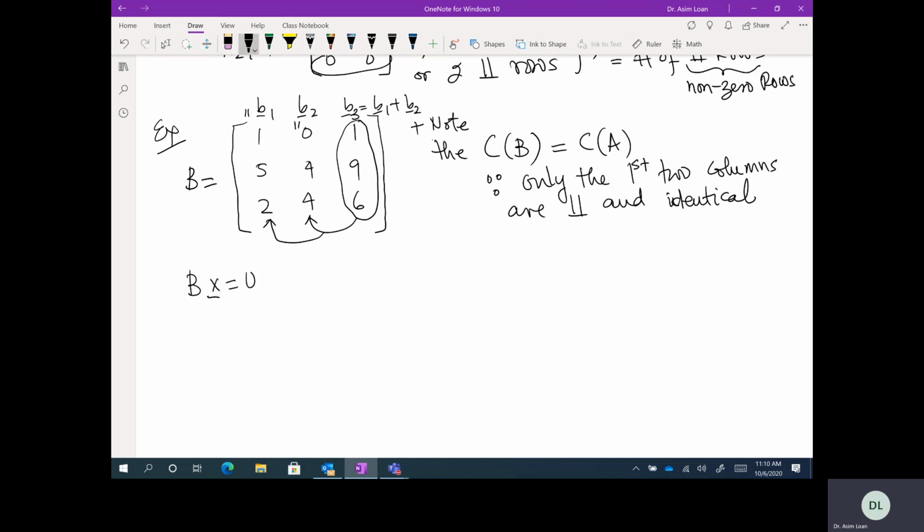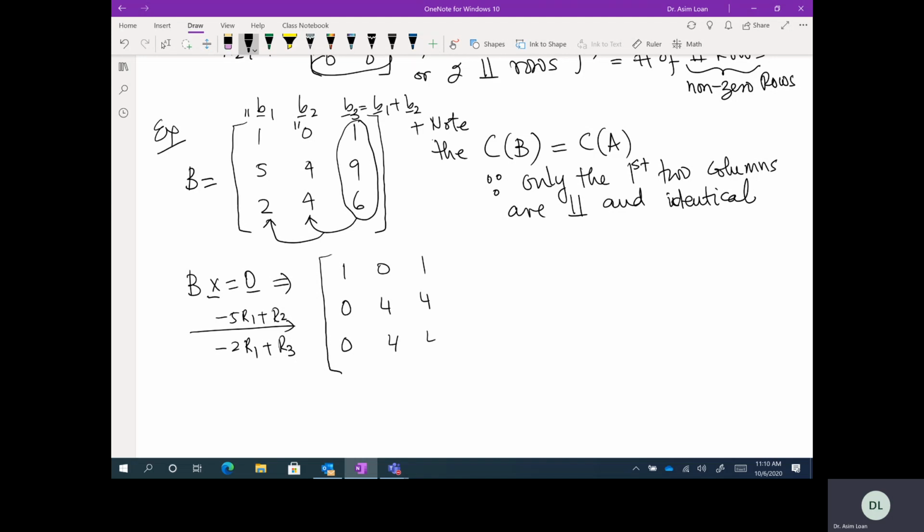If I solve Bx is equal to 0, this implies, again, if I do reduced row echelon form, 1, 0, 1. So I am doing minus 5 row 1 plus row 2. Same matrix, so I'm not going to do everything again and again. Minus 2 row 1 plus row 3. So this is 0, this is 4, this is 4, this is 0. Minus 2 plus 2 is 0, 0, 4.